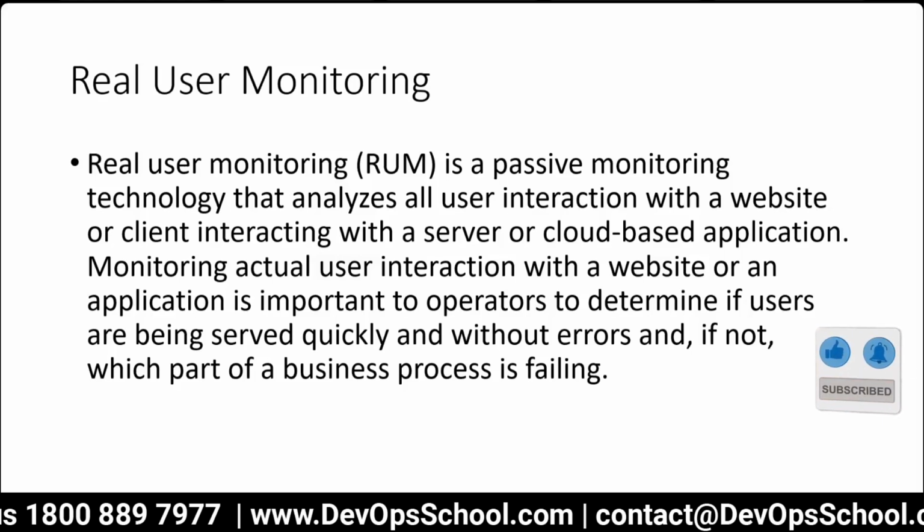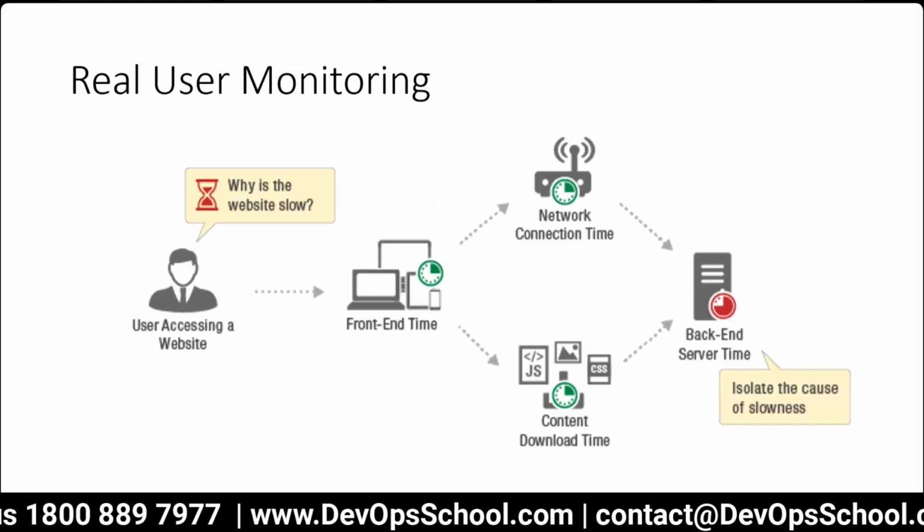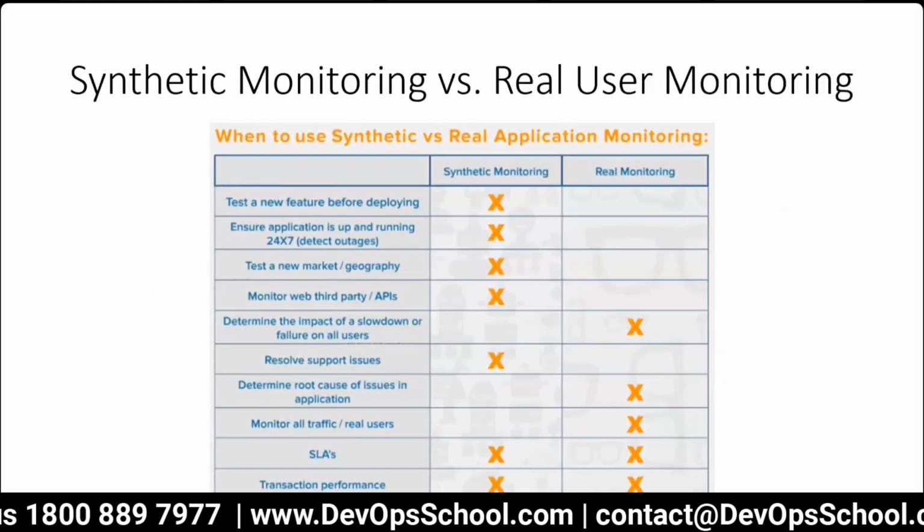Okay, so guys, now let's compare the use cases for real user monitoring, where you can use it, and synthetic monitoring. Synthetic monitoring, I must tell you here, is done through some scripts and robots. If you want to test a new feature before deploying, synthetic monitoring is ideal.